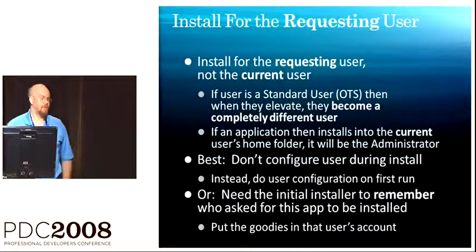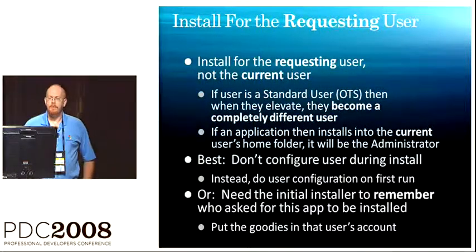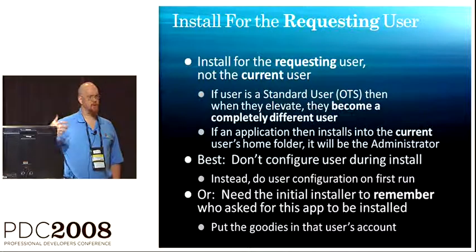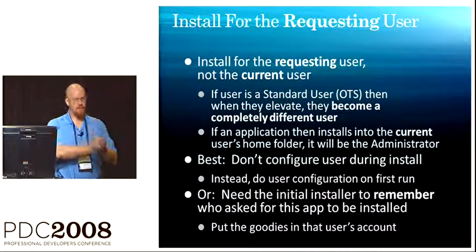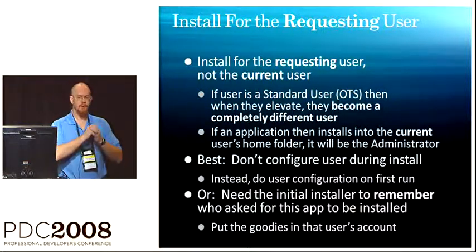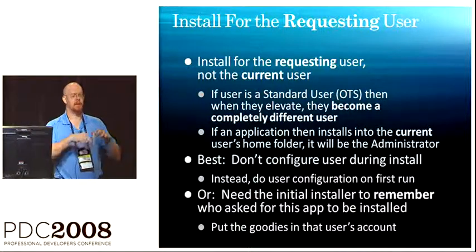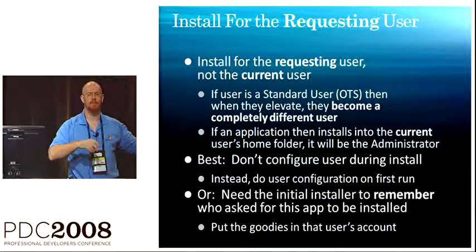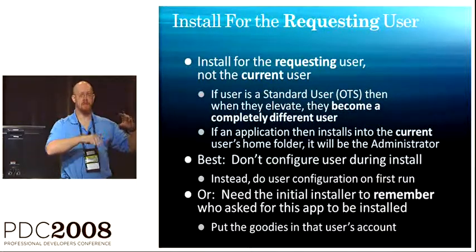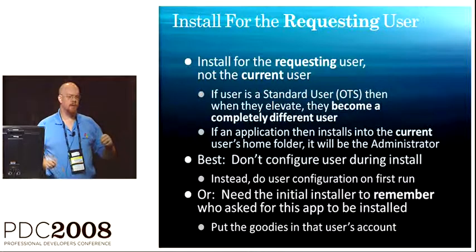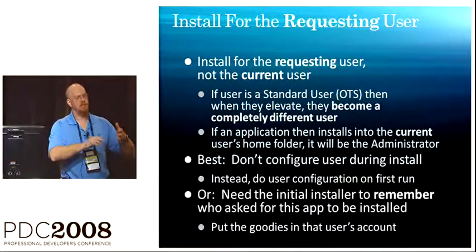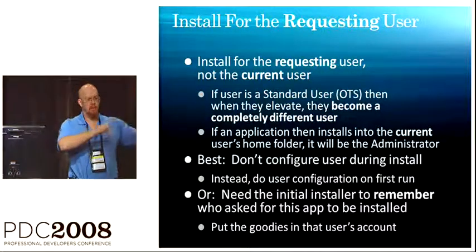How to care for privilege. Install for the requesting user. This is a very common pathology. If you install for the current user, if the user happened to be a standard user, and they therefore had an OTS prompt, over-the-shoulder prompt, that's like a UAC elevation, but it asks for your password instead of just yes, no. And the thing with the OTS prompt is that it's not just messing with the security token to make you suddenly more privileged.